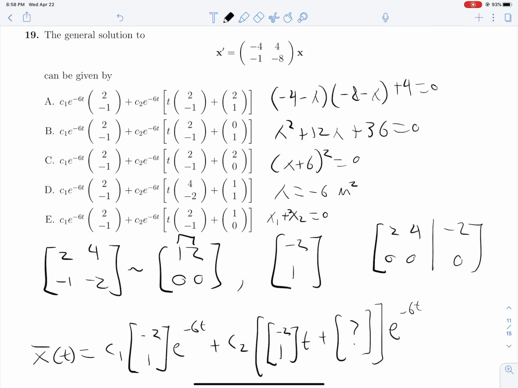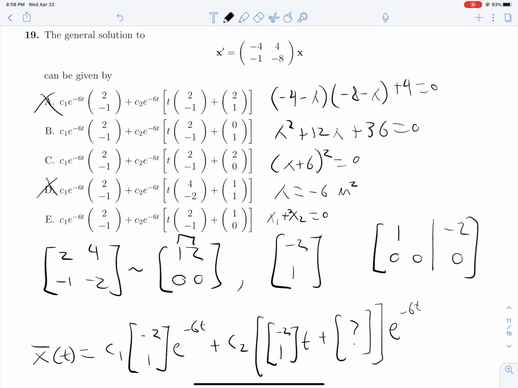I'm just getting thrown off because there are a couple answer choices in here that have components for both of these, which you'll see that we do not get. So we know that A and D are false.